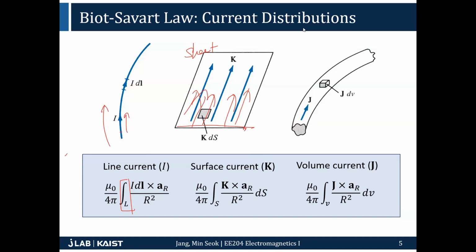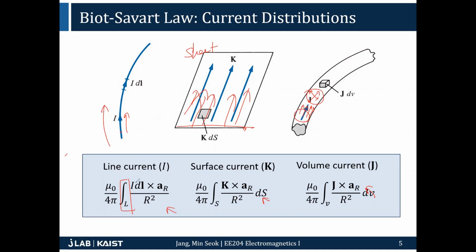Here you can also think of volume current. In that case, you think of a wire that actually has a non-zero radius, so that the current flow can be obtained by integrating over the cross-sectional surface of the wire. In all cases, the change of formula is trivial, right?